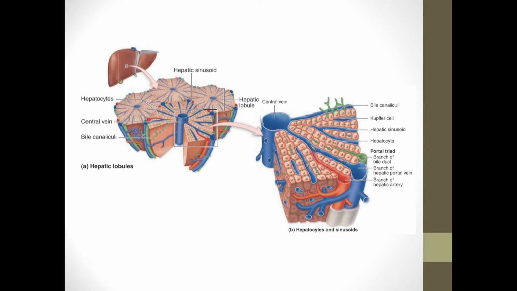These hepatocytes form plates, and many such plates are located radially around the central vein. Thousands of such lobules form the tissue of the liver. So liver tissue is very specific; it's easy to recognize because of its lobulated structure.